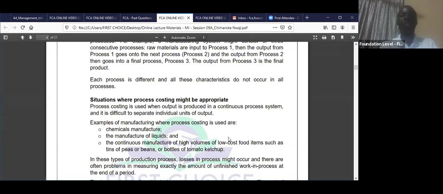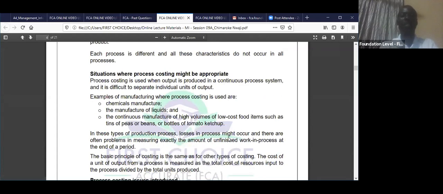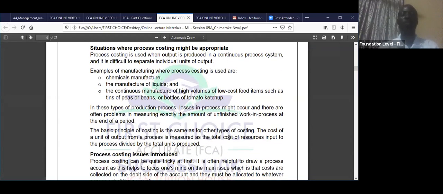Situations where process costing might be appropriate. Process costing is used when output is produced in a continuous process system, and it is difficult to separate individual units of output, especially in bread. It's difficult to separate the individual output, so you must produce them continuously.